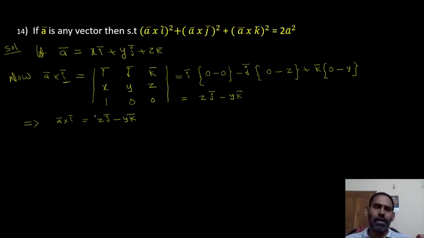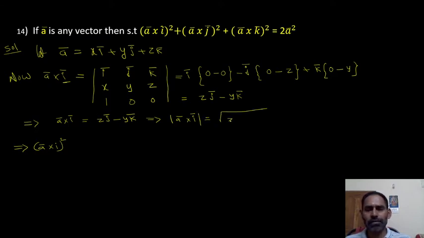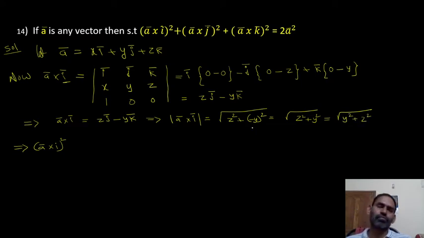Next, find out A bar cross I bar whole square. First of all, find out the magnitude of A bar cross I bar. What is this? Square root of Z square plus minus y whole square. That implies square root of Z square plus y square. That is nothing but y square plus Z square. Next, A bar cross I bar whole square equals modulus of A bar cross I bar whole square.